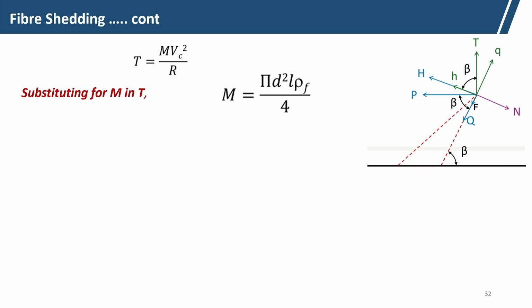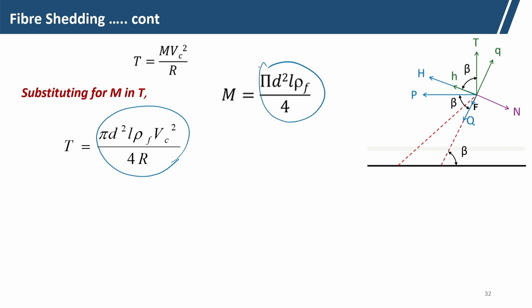So, substituting m in T, the centrifugal force becomes pi d square by 4, L fiber length, rho f the fiber density, v c square the cylinder speed, and r the radius of cylinder.